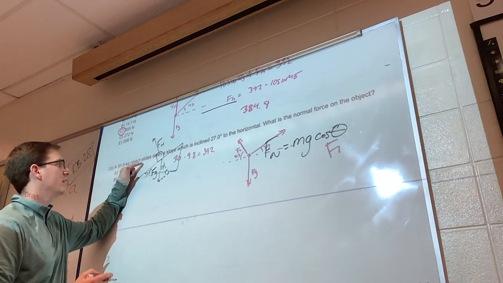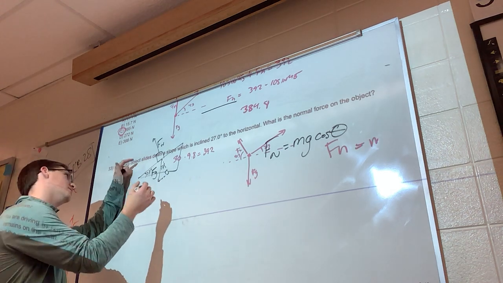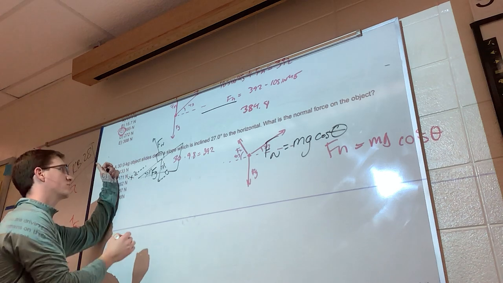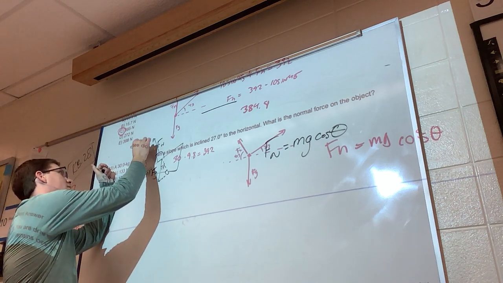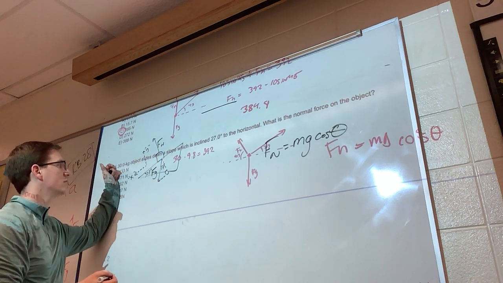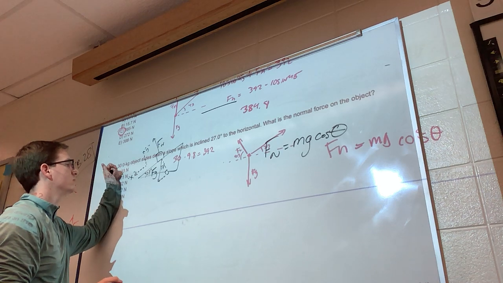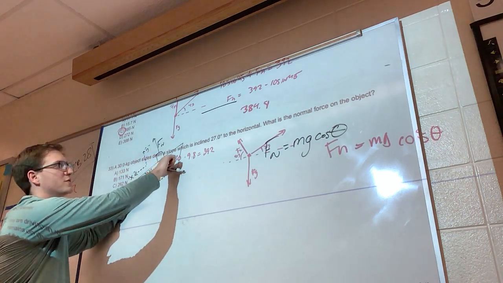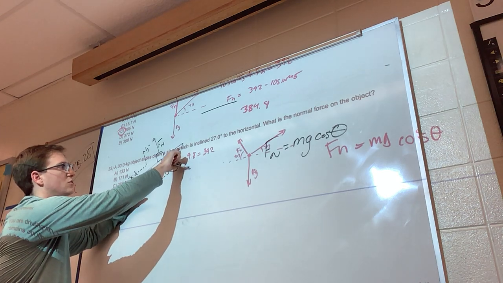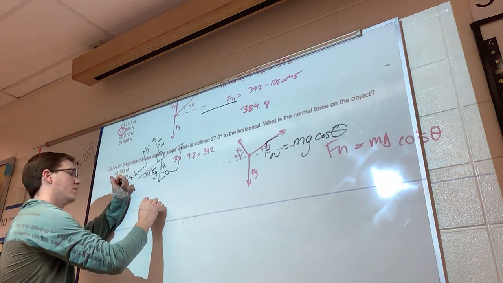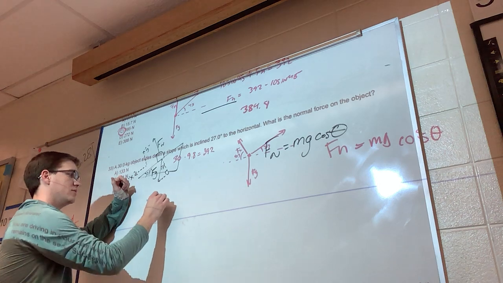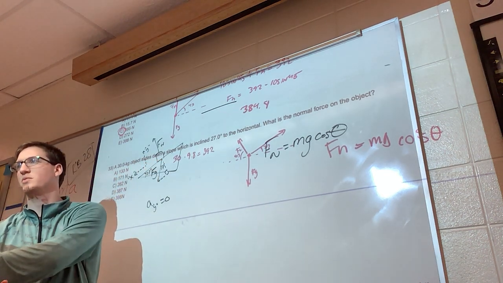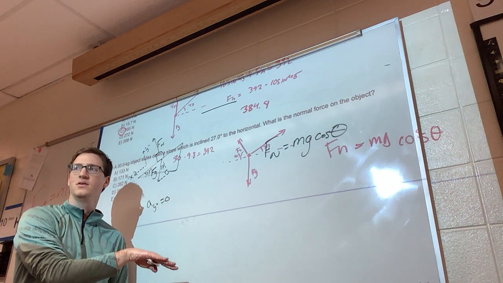So if I commit to just tilting my head sideways, I get this as my x direction and this as my y direction. So then I know that it doesn't leave the surface of the plane. So my a in the y direction equals 0, because it's not lifting off of the plane and it's not destroying the plane, it's just staying on that line.